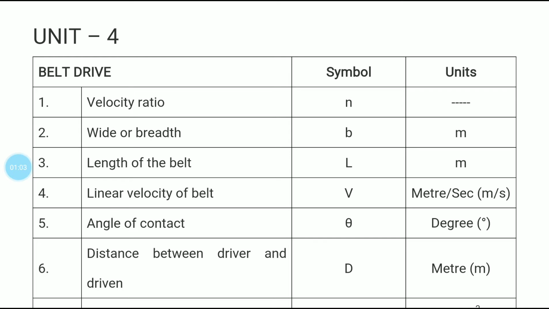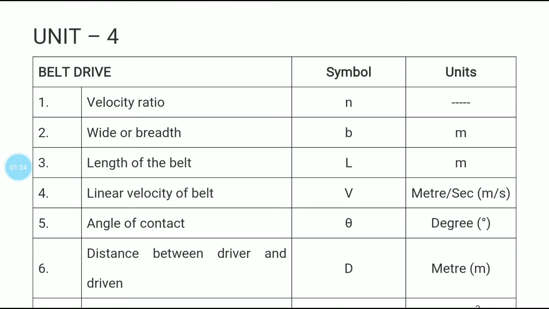Okay, and the important thing is, whenever you are solving a problem, four topics are important. Number one, given data. What data are given in the problem, you have to find out. The second one is to find: what they have told to find in the problem. The third one is solution: how you are going to solve it. In the solution, if there is any formula, first write the formula and then substitute it.